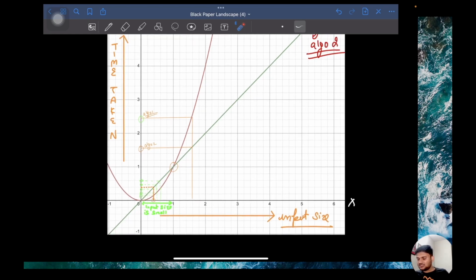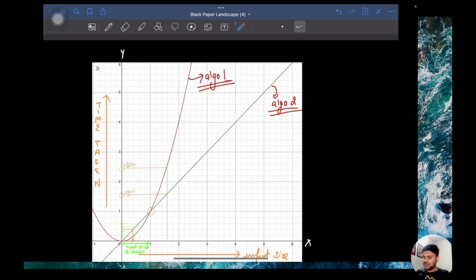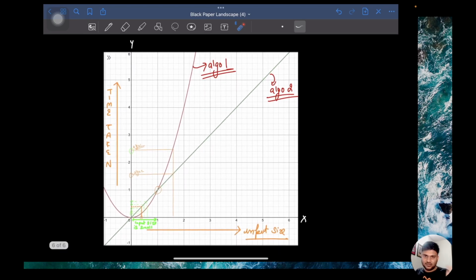So what we know is our computers can perform 10 raised to the power 8 instructions in 1 second. So for small values, the number of instructions involved will be very less. So we technically don't care about very small input. For a very small input, if an algorithm is working very well, that should not be our judgment criteria.